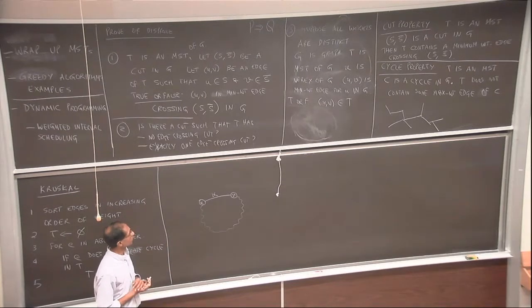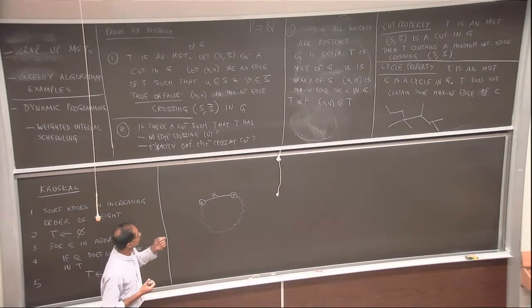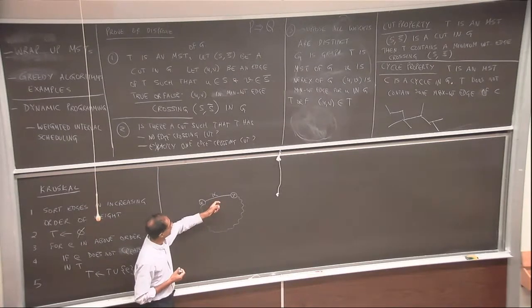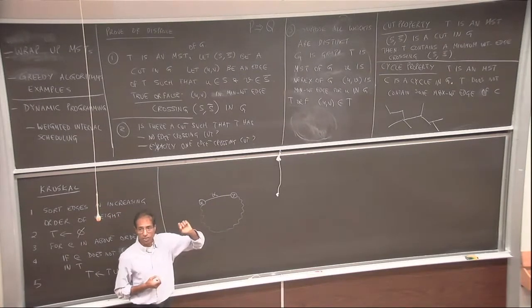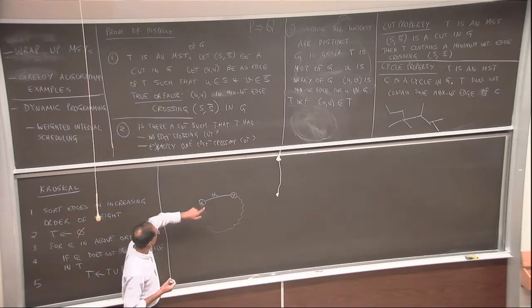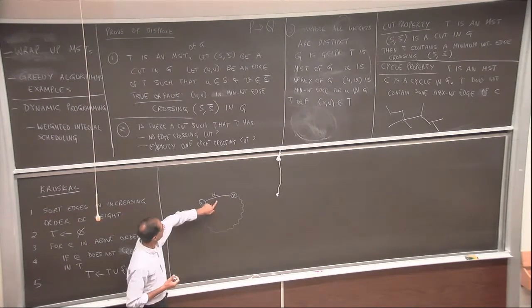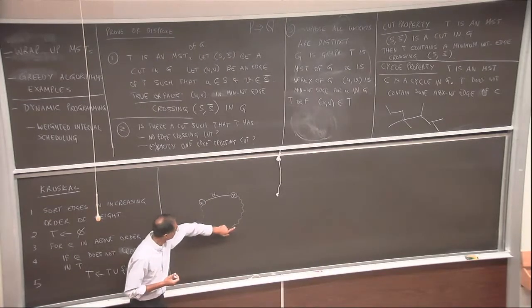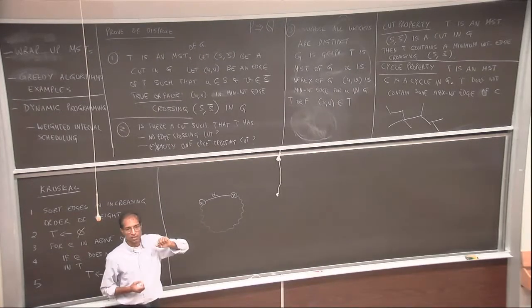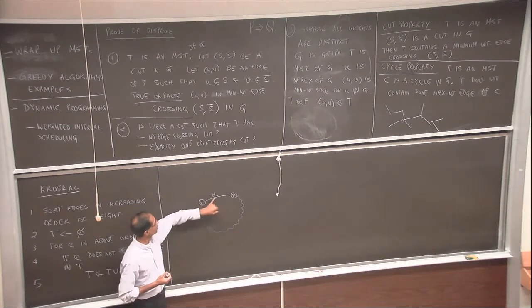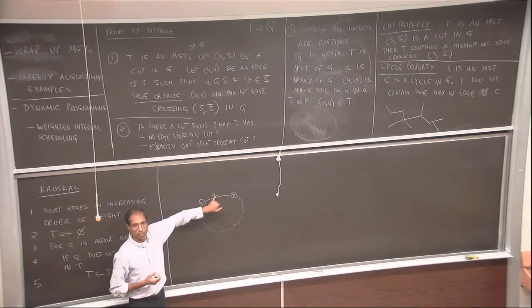And so one argument is, oh, by the cycle property, the largest weight edge cannot be in the minimum spanning tree. So it's conceivable that every edge in this path is of weight smaller than this, and alpha would then be the maximum weight edge.